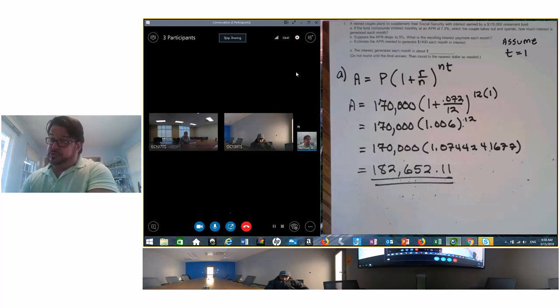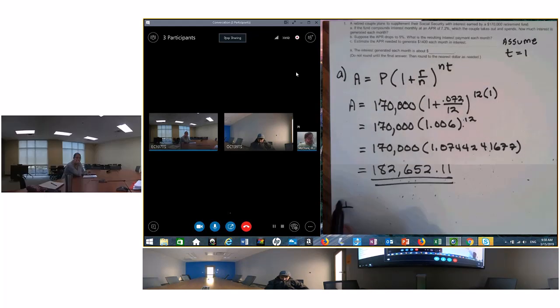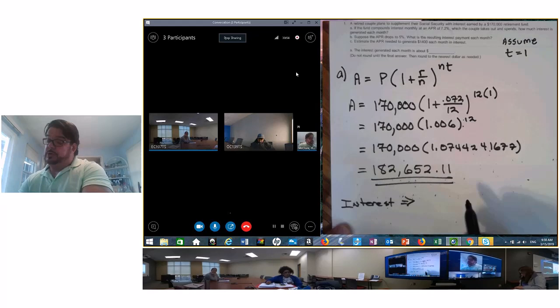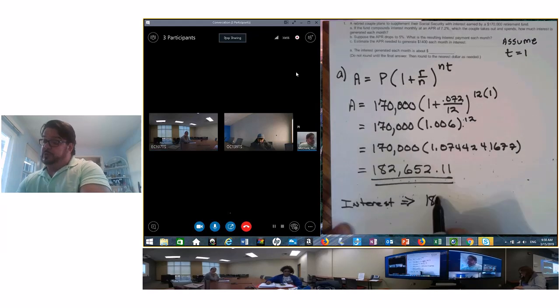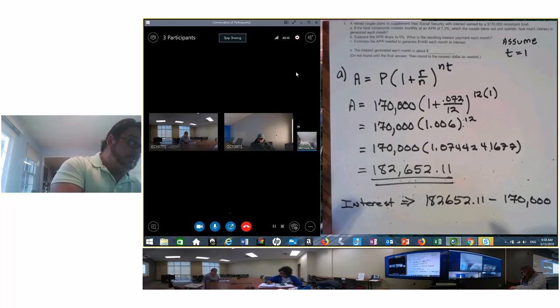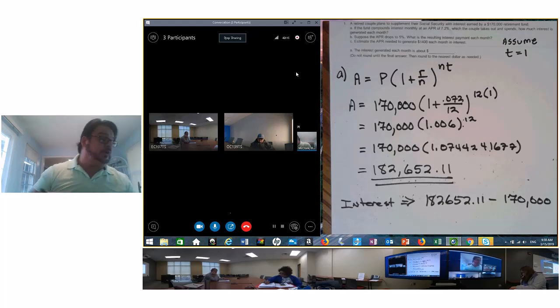So interest is equal to 182,652.11 minus 170,000. What's 170,000? That's their original investment. And what does that equal? I'm going to subtract 170,000.